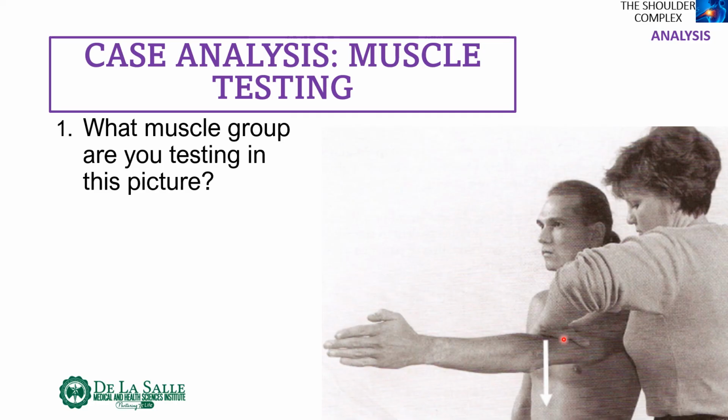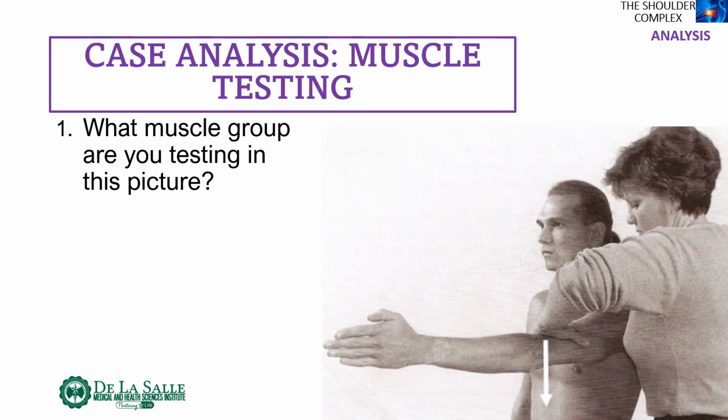Then the resistance is over the distal humerus, just above the elbow joint, and the direction of force of resistance should be opposite to the action of the shoulder flexors, which is downward. This force that the physical therapist provides is opposite to shoulder flexion force. The resistance should be on the distal humerus so that the patient will only recruit the shoulder flexors to maintain the upper extremity in this position.